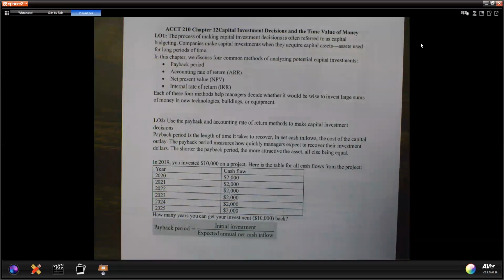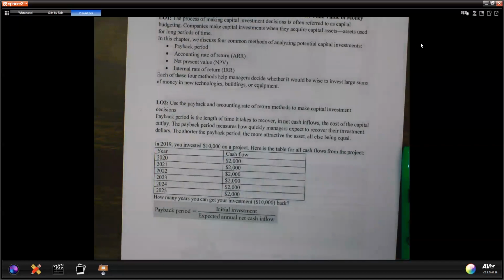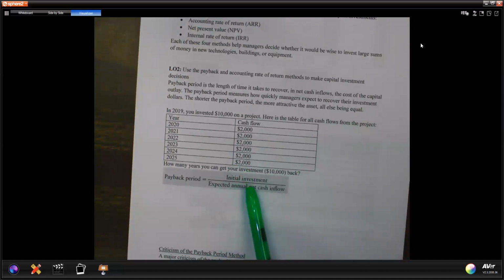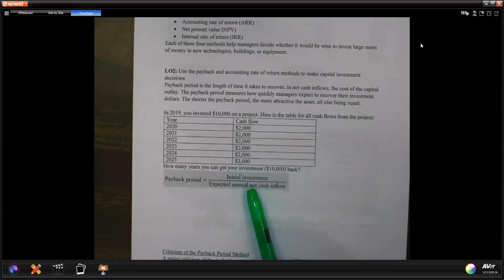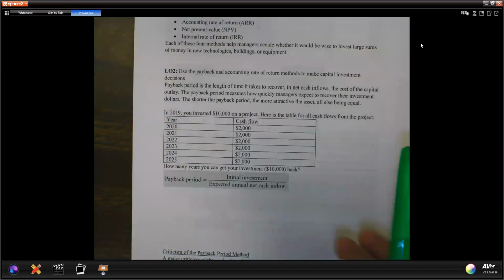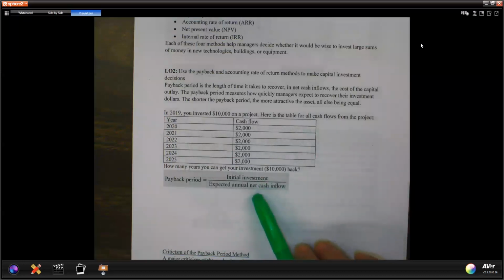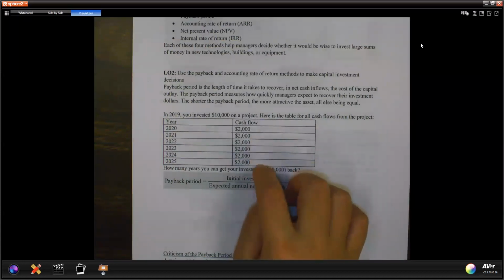Okay. The payback method is straightforward, talking about how many years it takes to get all of your money back. The basic formula is your initial investment divided by your annual net cash inflow, if you have a constant cash flow. So every year you get $2,000.